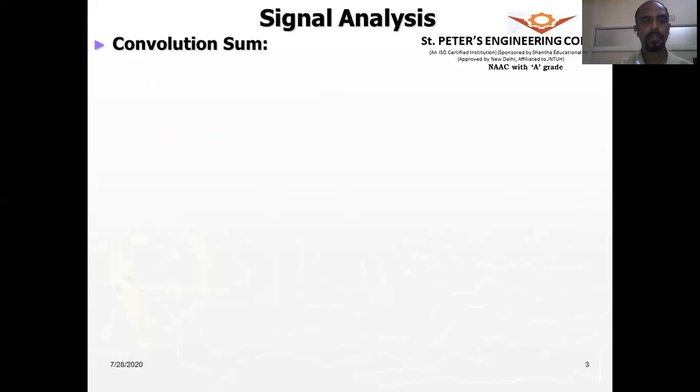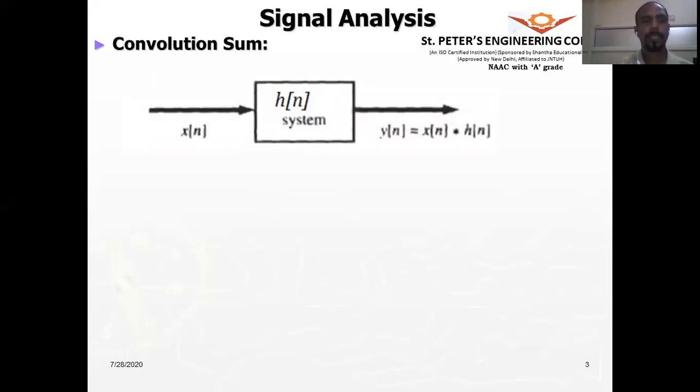So basically, what is this convolution? Suppose I have a system, let us say it is a discrete time system. We represent it as h of n, a discrete time function, and we represent another function which is applied as an input to this system as x of n.